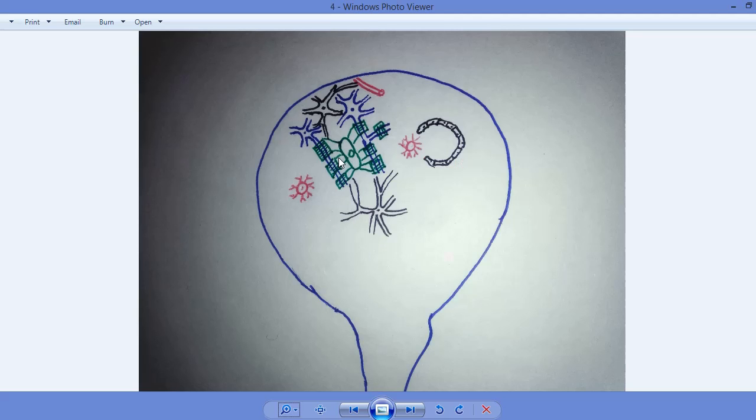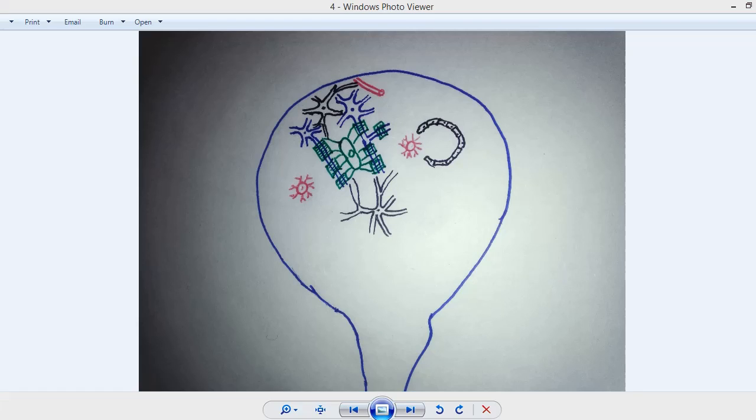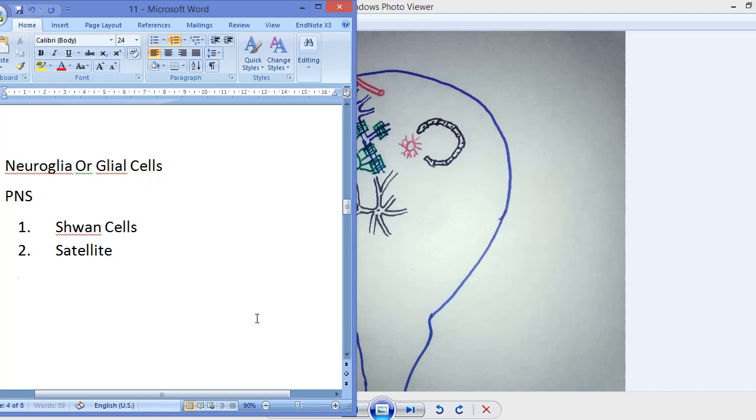Okay, now coming toward the central nervous system. In the central nervous system, there are various types of supporting cells. There are 4 types of neuroglia. Number 1, oligodendrocyte, which is very important.